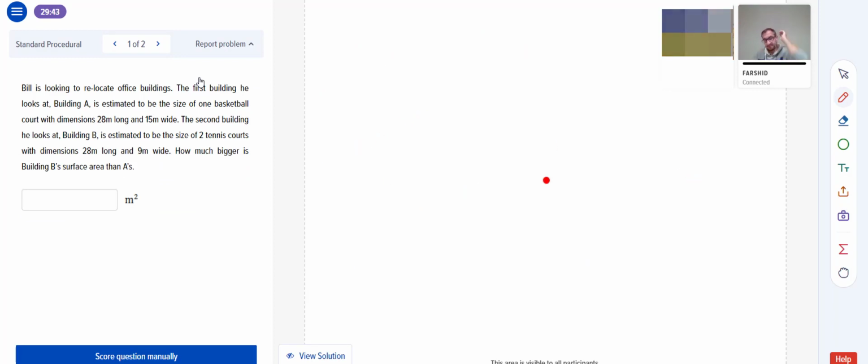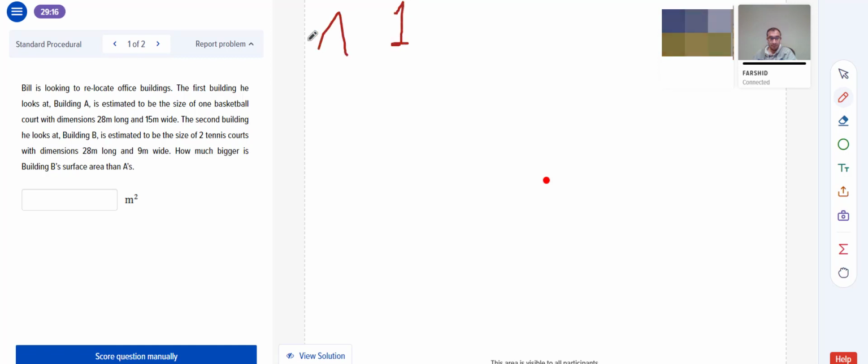Okay, Bill is looking to relocate the office building. In the first building, he looks at building A, which is estimated to be the size of 1 basketball court, with 28 dimensions.